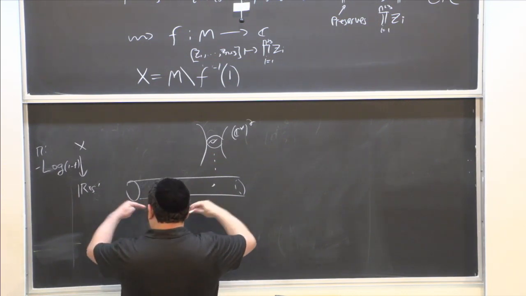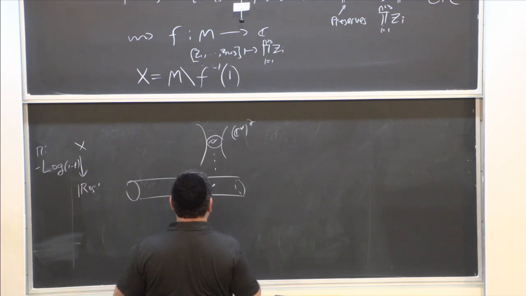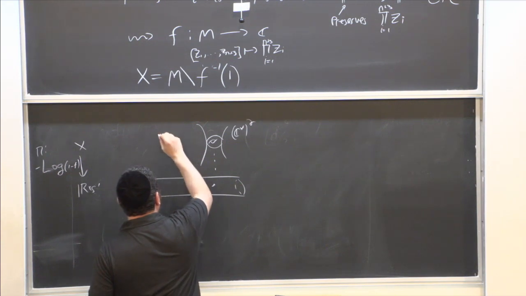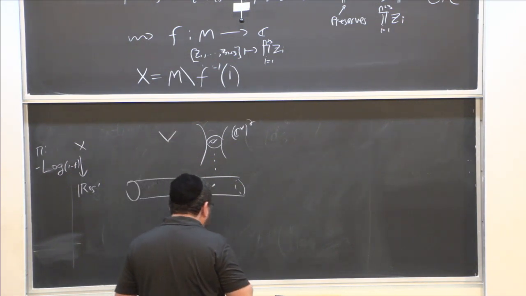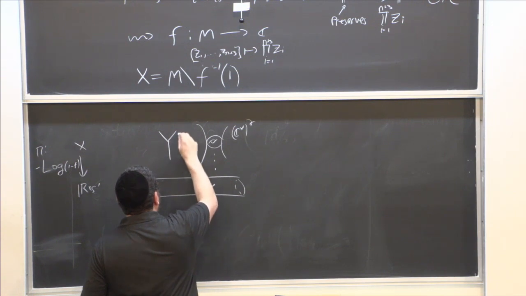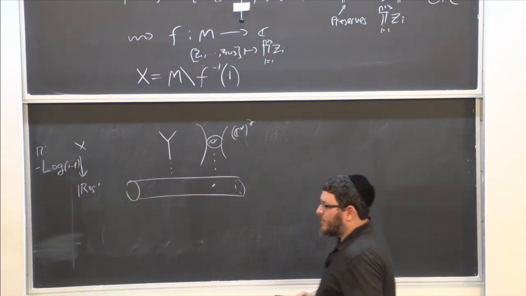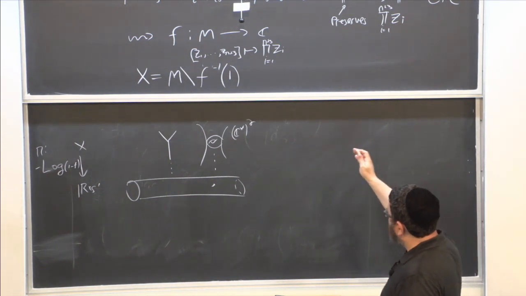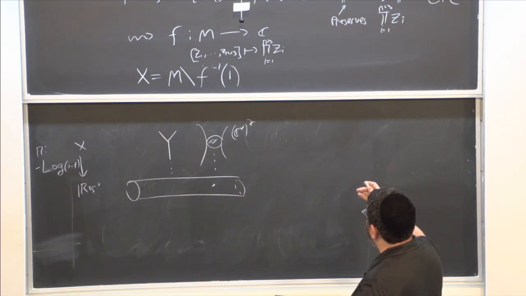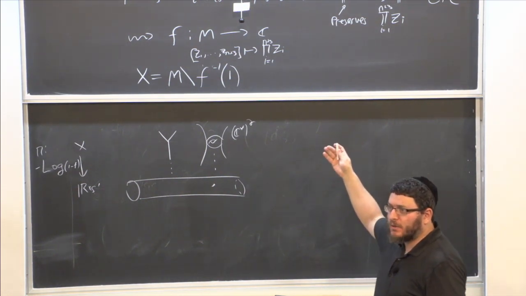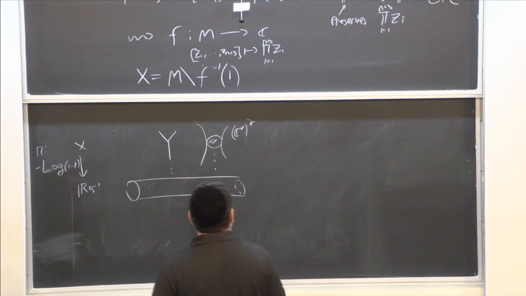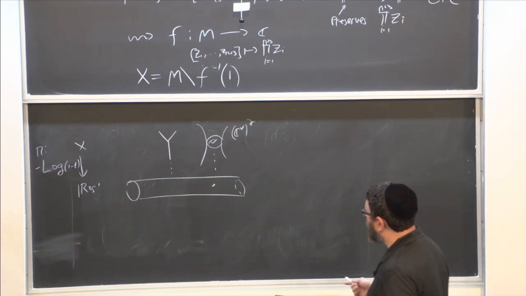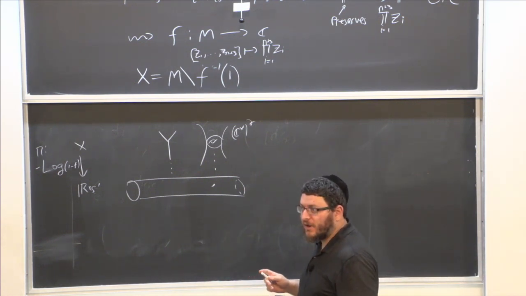So we have a cylinder, and over the cylinder we have these (C star) squareds, and this is the general fiber. Then there is a singular fiber, which I draw something like this, and the singular fiber corresponds to the singular points of f, which is when two coordinates are 0. So the singular fiber is when the product of the coordinates is 0, which is basically the union of toric divisors.